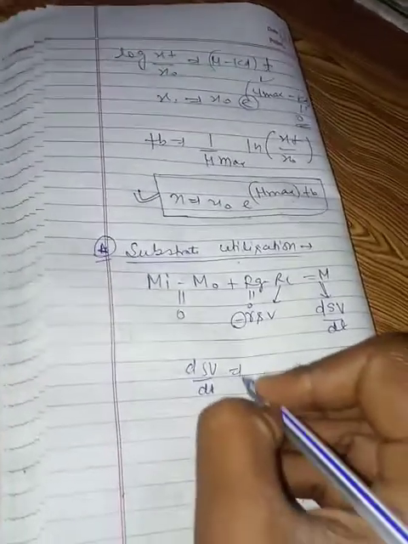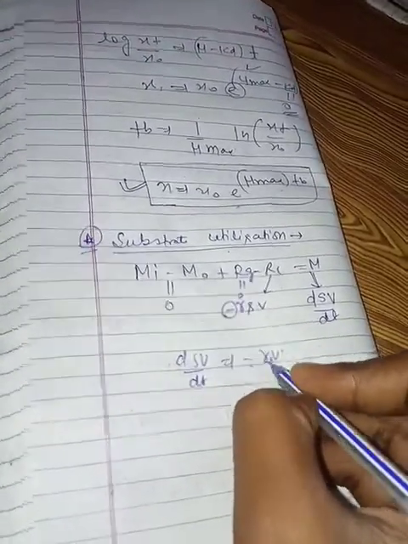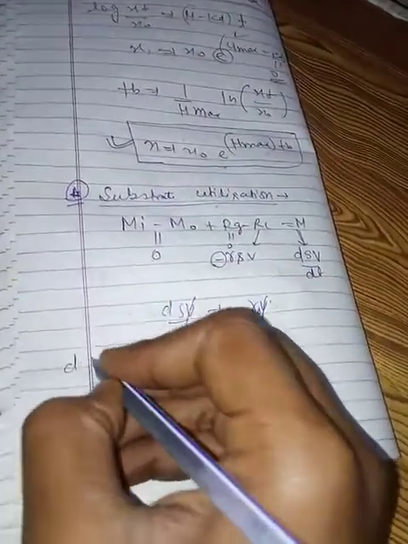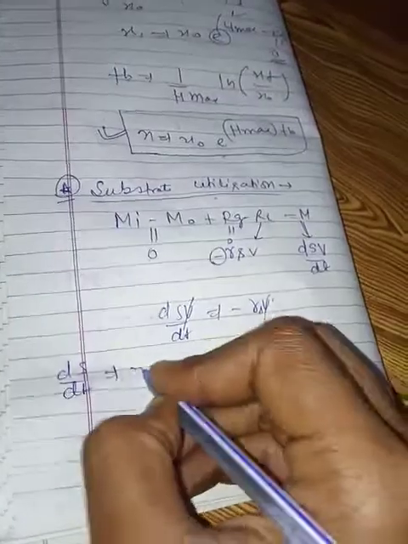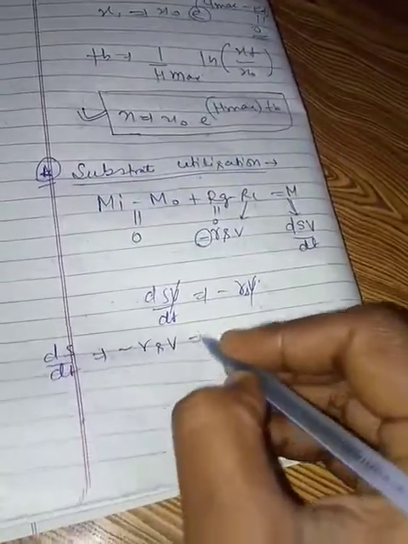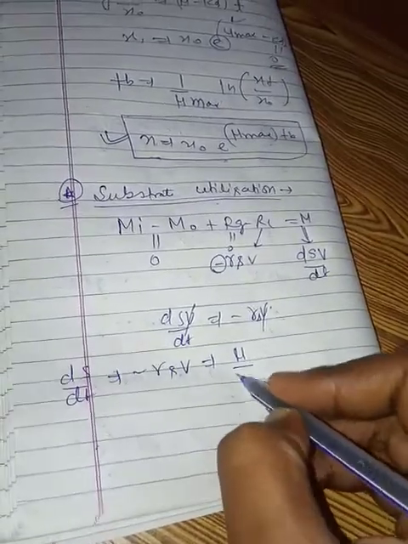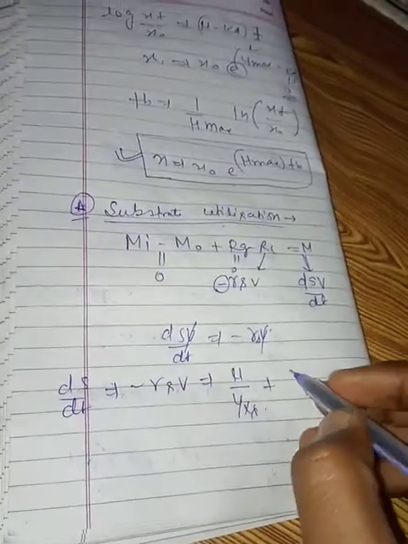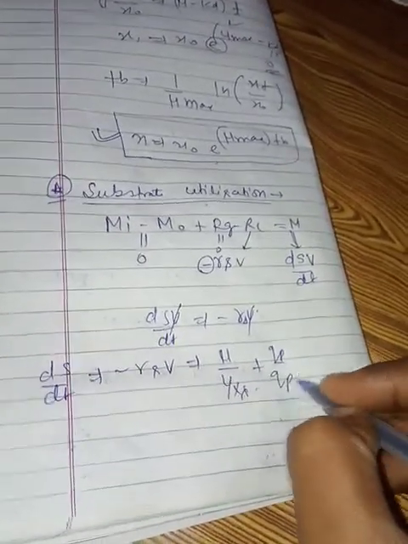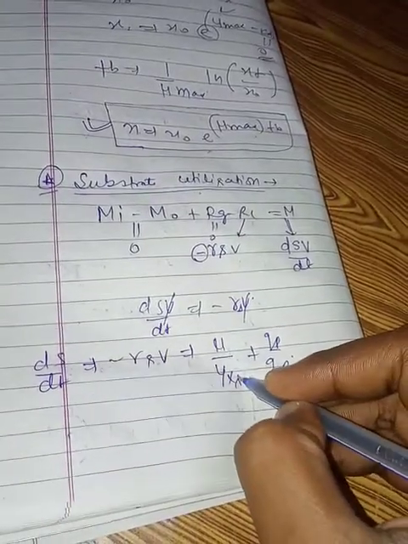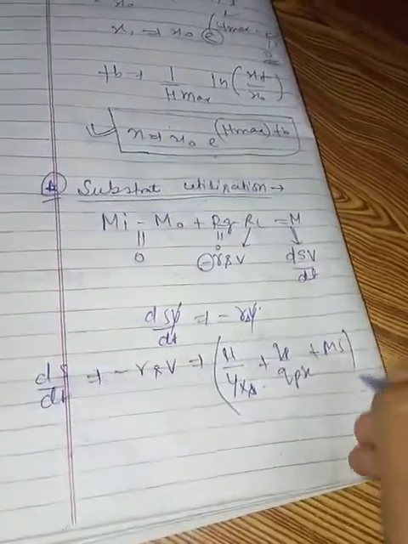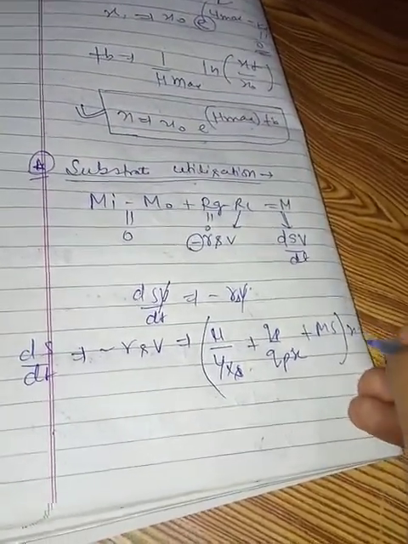d(sV) upon dt equals minus rsV. Okay, V is cancelled, and write this equation in a bigger form. So ds upon dt equals minus rsV equals mu upon Yxs plus qp upon Yp/x plus ms, and xV.